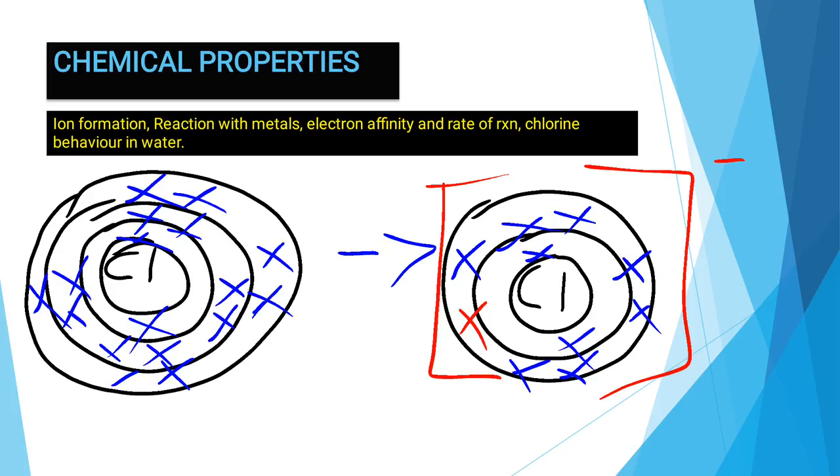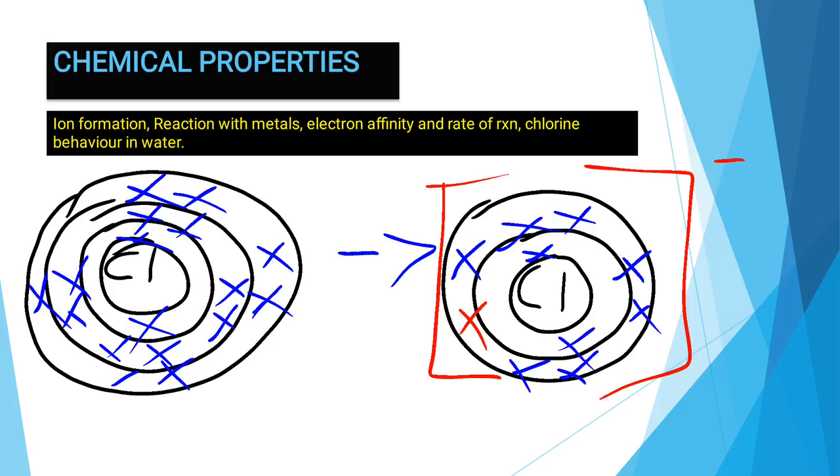As a result, the reactivity decreases down the group. As the affinity decreases down the group, so does the reactivity of the halogens.